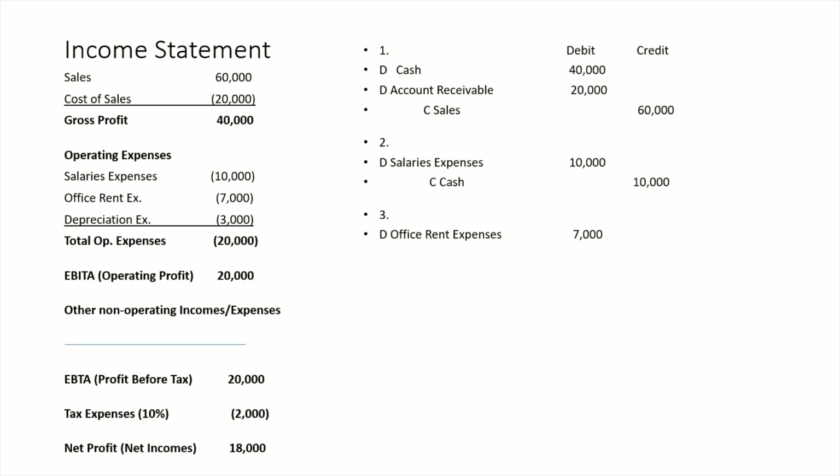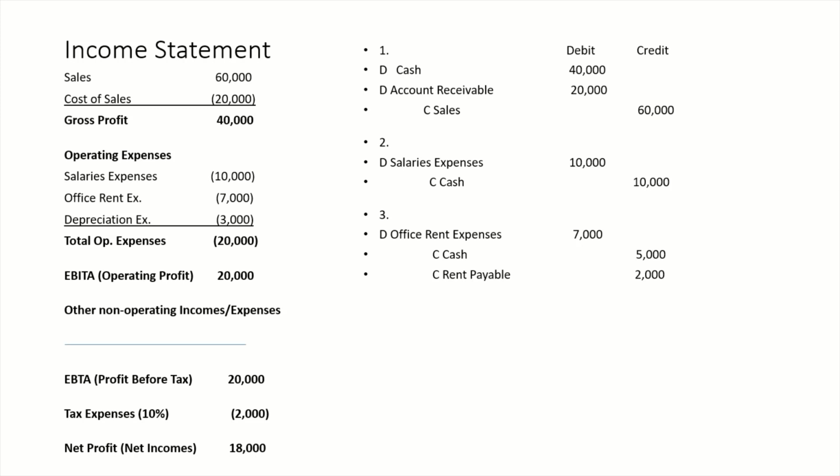Next, we recorded office rent expenses for 7,000 euros by debiting them. And we credited cash for 5,000 euros, since we paid this kind of expense.